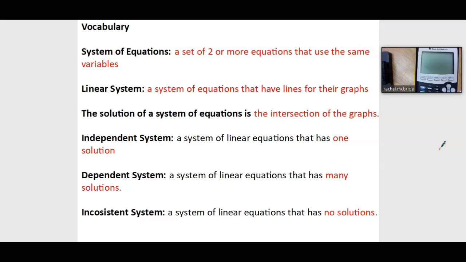We define systems in one of three ways. A system is independent, dependent, or inconsistent. An independent system has one solution. So if you think about being independent, you're kind of like on your own. You're an individual.